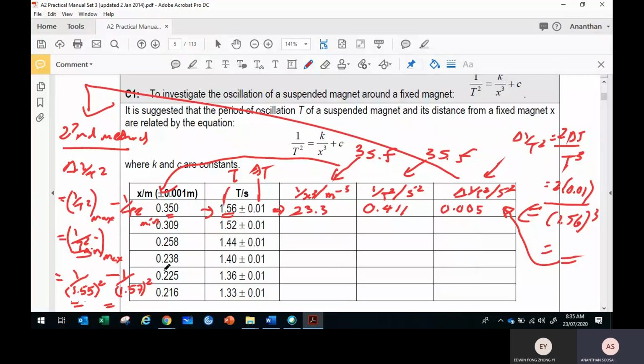Calculate this. This is your change of 1 over t squared, second method, maximum minus minimum.